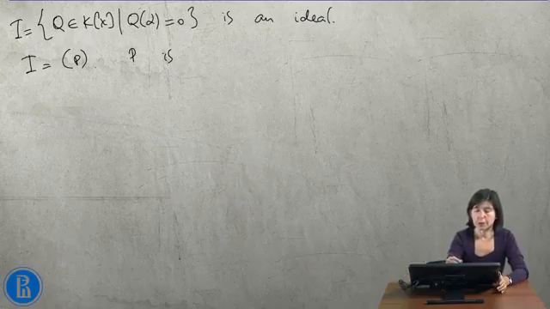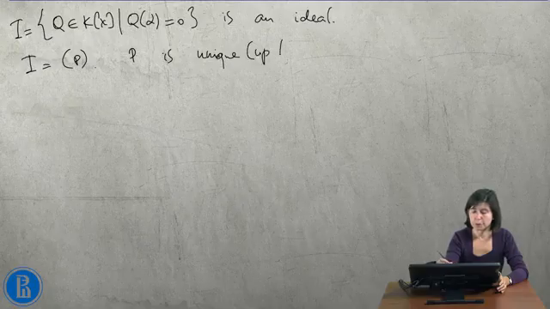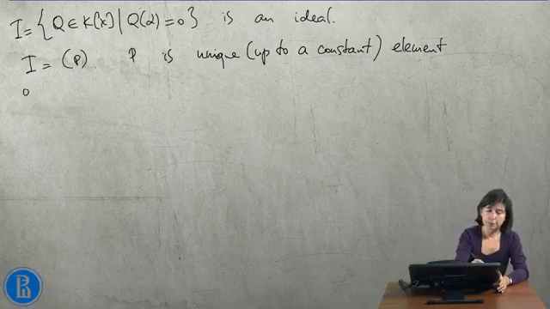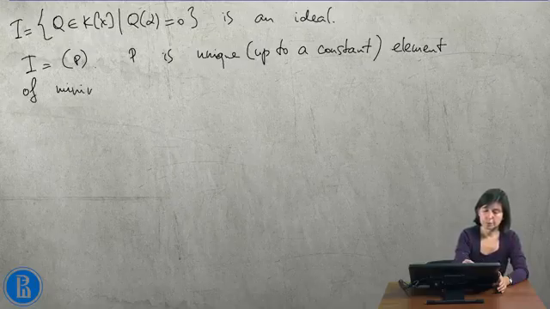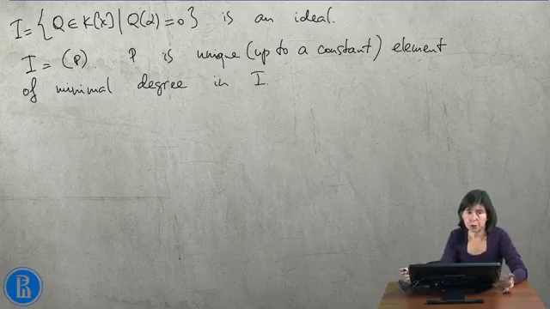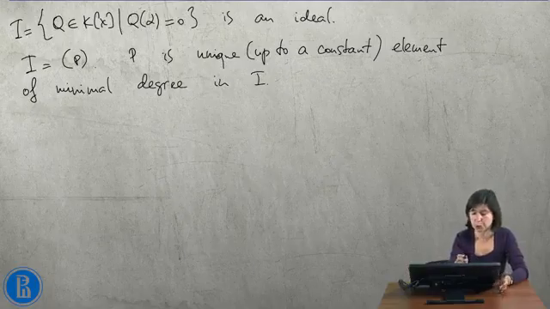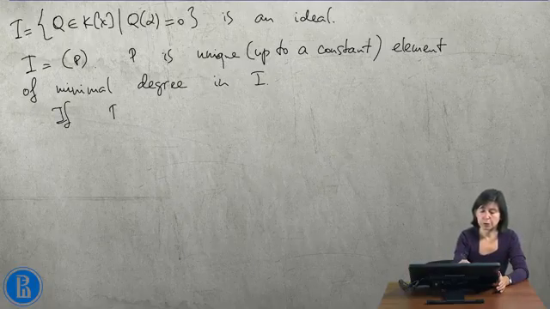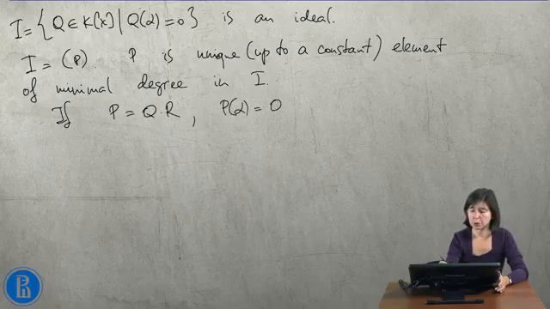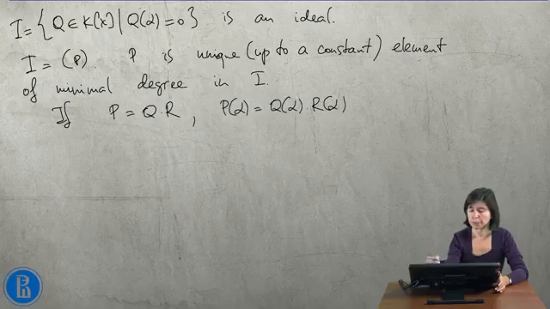And this is certainly unique up to a constant element of minimal degree in I. Furthermore, if P was not irreducible, if P is Q times R, then P of alpha is Q of alpha times R of alpha.